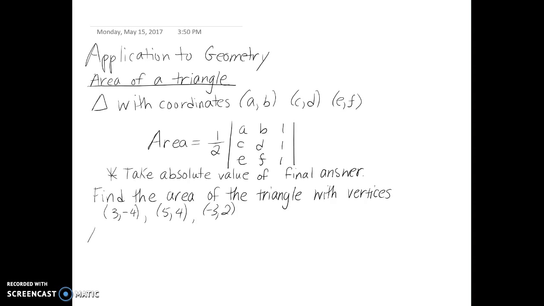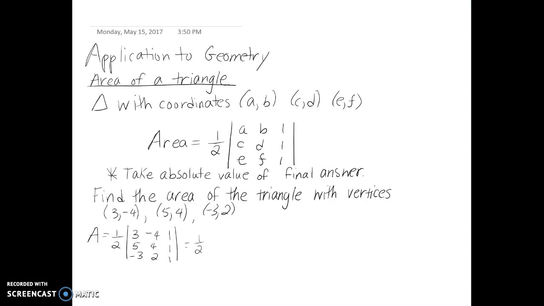Your area is going to be 1/2 times the determinant of 3, -4, 1, 5, 4, 1, -3, 2, 1. And then what I would just do is make sure you multiply by 1/2 at the end.